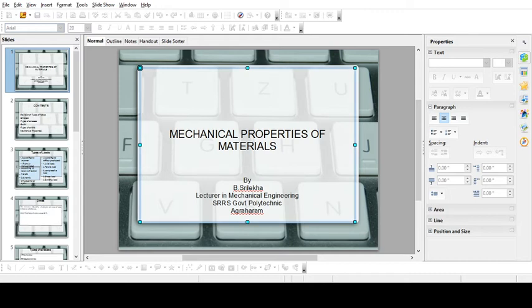As you know, when you go on adding the load, for some time it will exhibit its elastic nature. After it crosses the elastic limit, it will start showing its plastic nature. That is, it will change its shape.